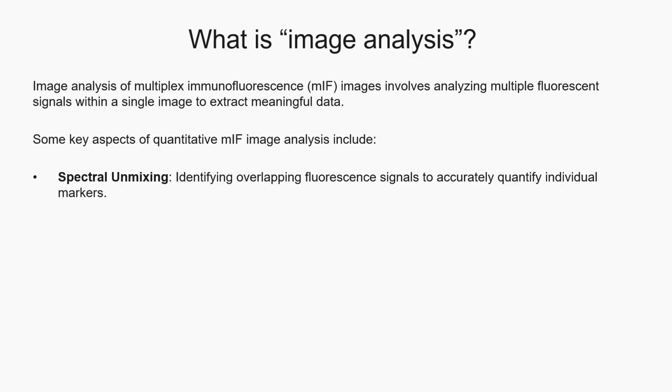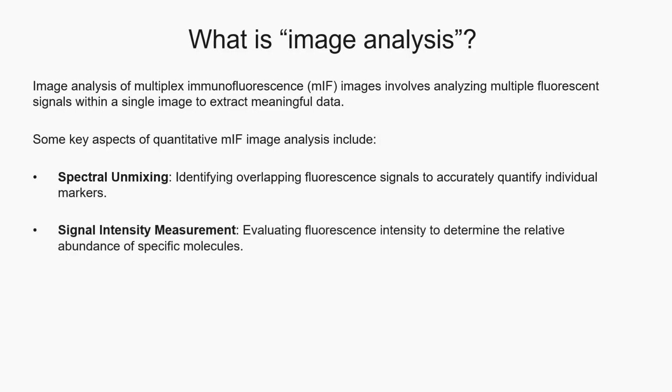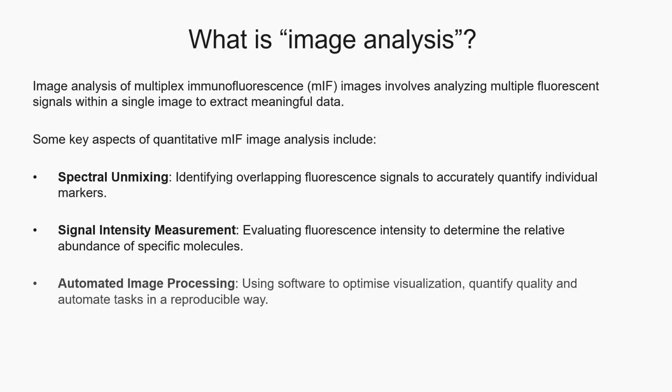This is when a multiplex immunofluorescence image is acquired and we want to distinguish the different wavelengths of fluorescent signals to accurately quantify the markers that we're interested in, measuring the biology we're interested in. We might want to extract the intensity of those measurements, evaluating the fluorescence, which then indicates something relating to the underlying biology.